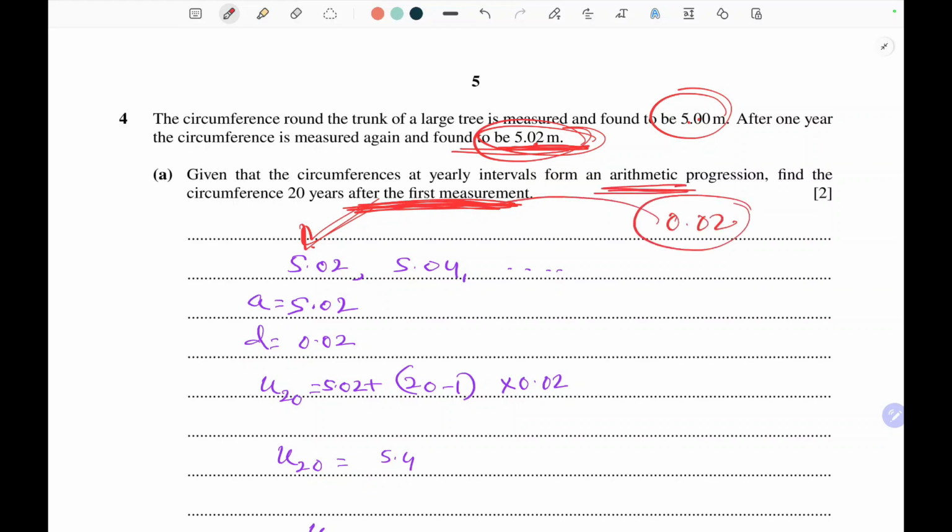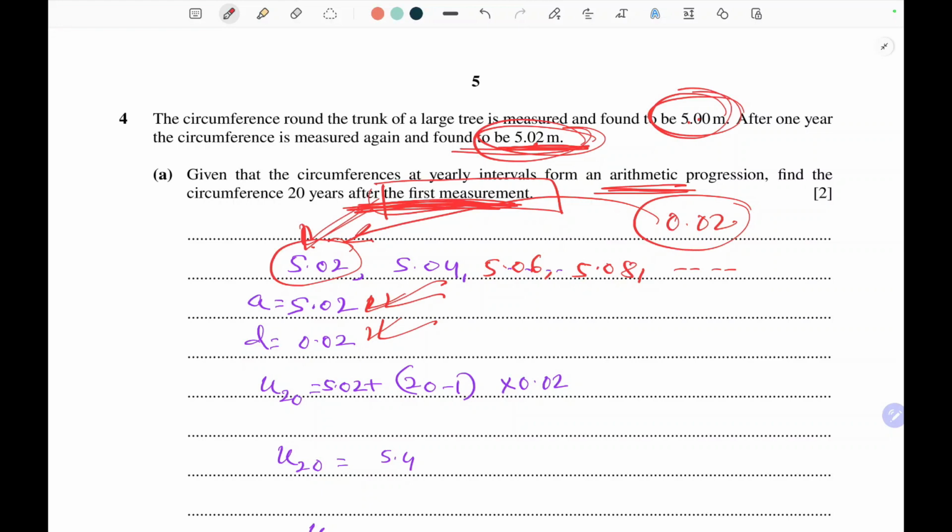The difference from 5 to 5.02 is 0.02, and it follows an arithmetic progression. It means just add 0.02 to 5.02. So it will be 5.04. The next can be 5.06, next can be 5.08, and it goes on. So the first value of this arithmetic progression is 5.02, not 5. We need to find the circumference 20 years after the first measurement. So first value is 5.02, common difference is 0.02.